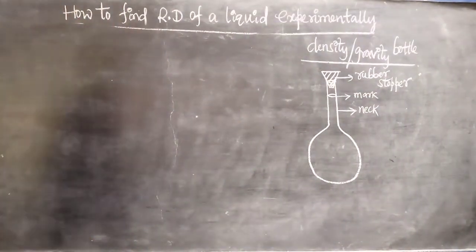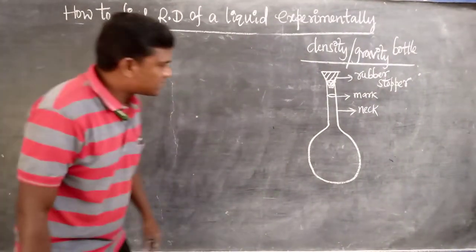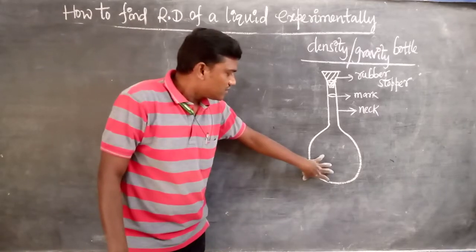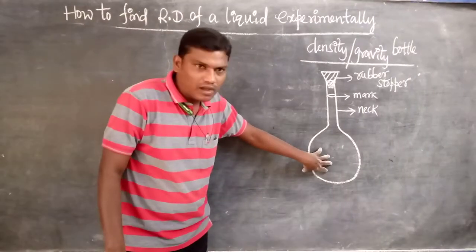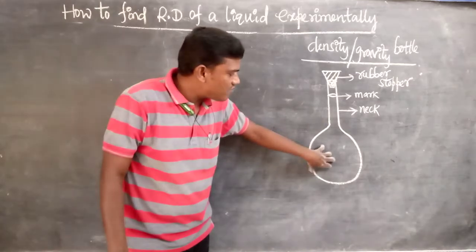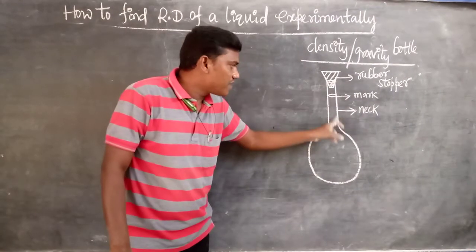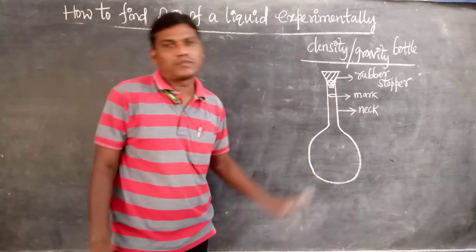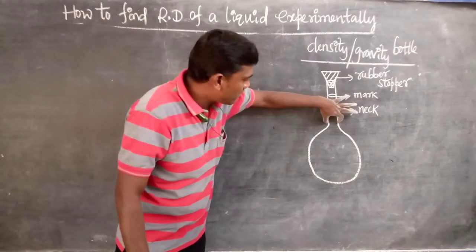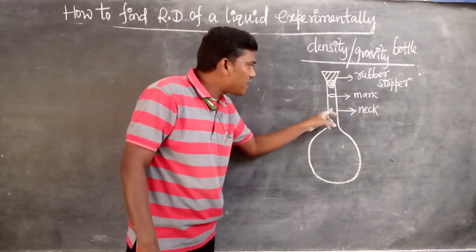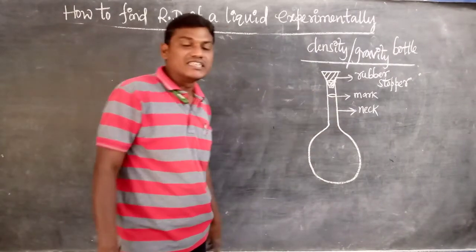So let me begin. The density bottle is made of glass. It has a long narrow neck and a round bottom, and one mark is graduated on its neck.